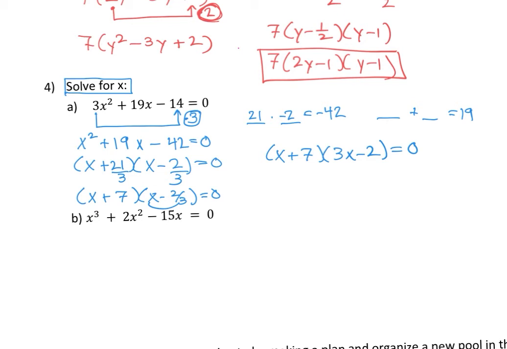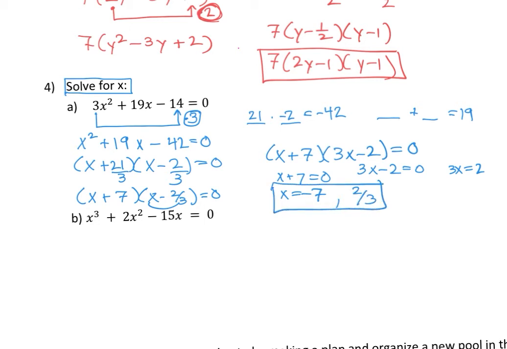All right, now we just set each one of our factors equal to 0. That means x is negative 7. And then when is 3x minus 2 equal to 0? Add the 2 over, and then divide by 3. So we have our two solutions because we have a quadratic equation.